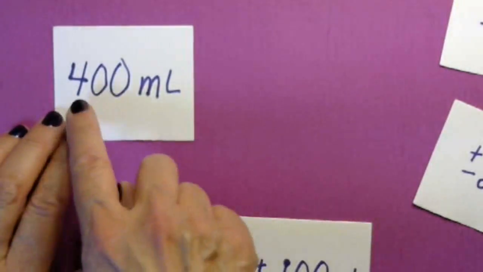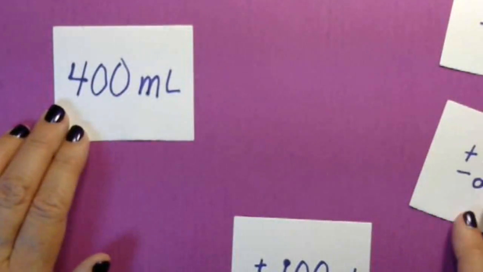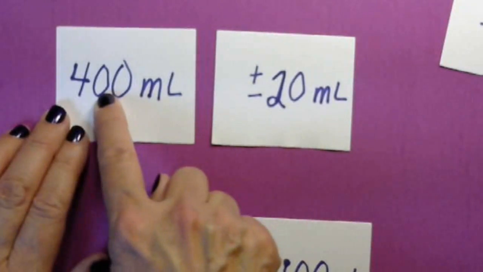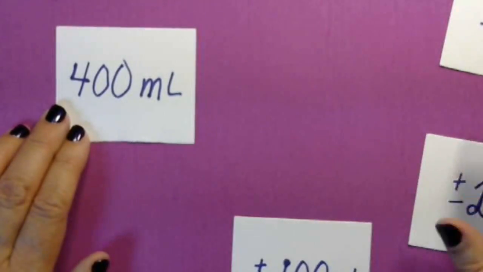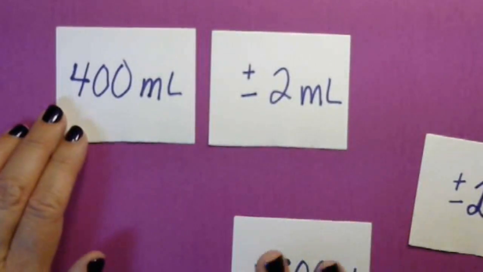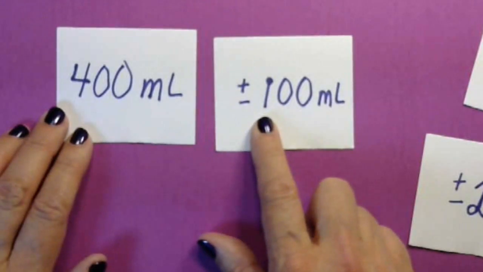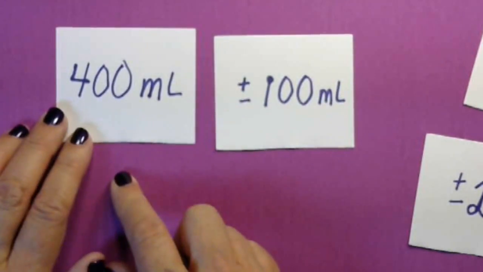So how many significant figures? Only one. If I have more information, this would have 2 significant figures. If I had this information, this would be 3 significant figures. But if I get no more information, I have to assume the worst of those, 1 significant figure.